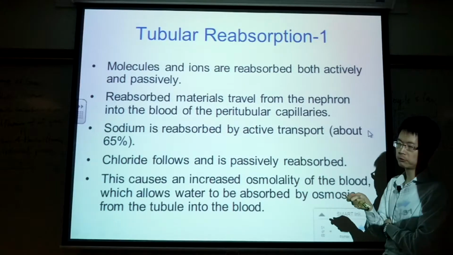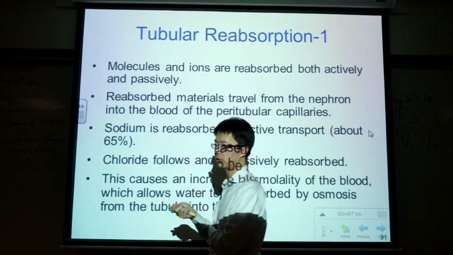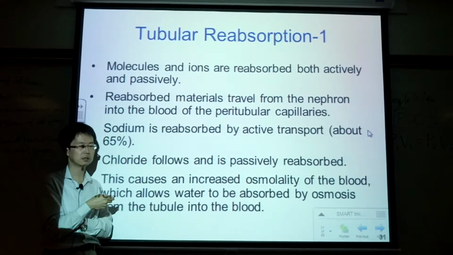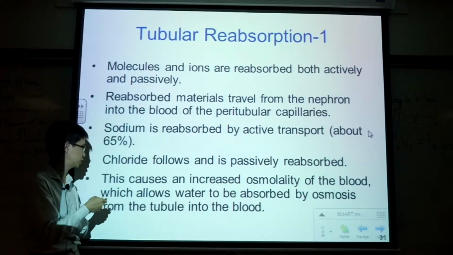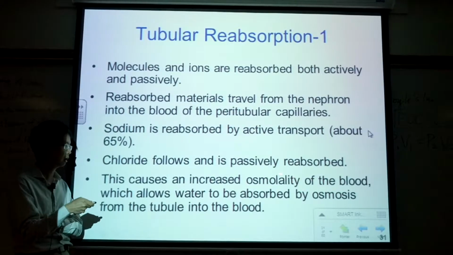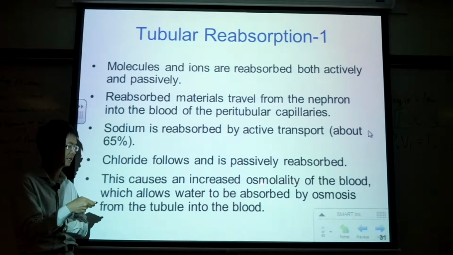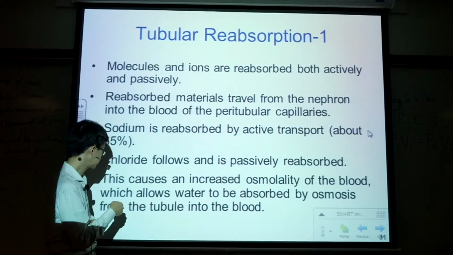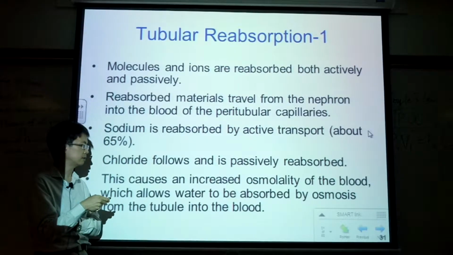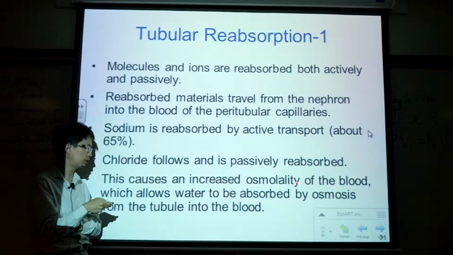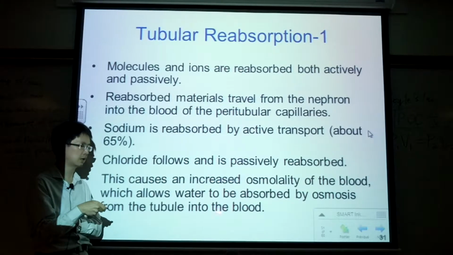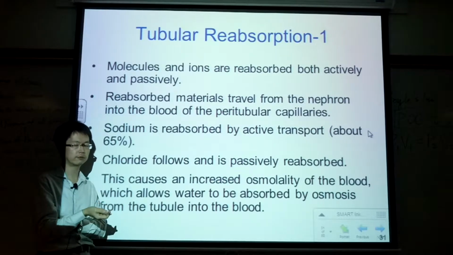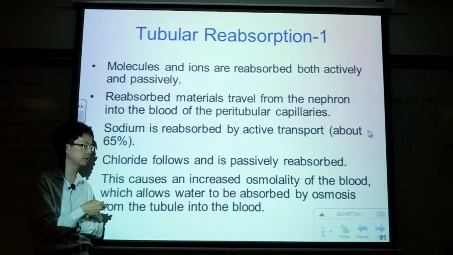Now, when our blood reabsorbs a lot of sodium chloride, it will increase the concentration, the osmolality of the blood; you may assume that it is the concentration of our blood, so that the water will follow by osmosis. This is something that I told you, the principle of the physiology of the urinary system.